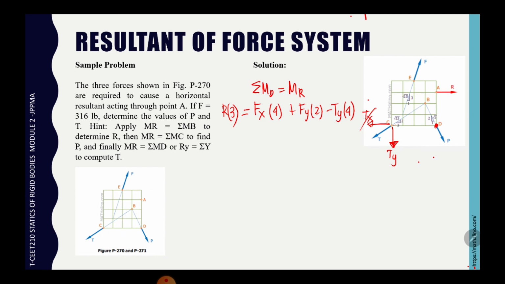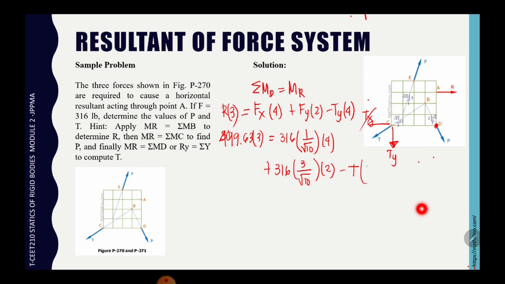Okay, para ma-solve, si R is 499.63 times 3. Si F is 316 times 1 over square root of 10 times 4 plus 316 times 3 over square root of 10 times 2 minus T 2 over square root of 13 times 4.